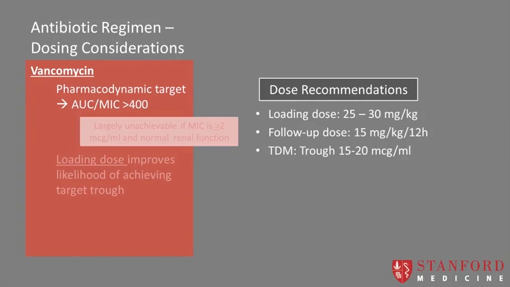So the current recommendation is, in a critically ill patient when vancomycin is used, to give a loading dose in the range of 25 to 30 milligrams per kilogram, and then to follow this up with weight-based dosing, which in the patient with normal renal function is generally in the range of 15 milligrams per kilogram every 12 hours, and to follow the dosing and alter it based on therapeutic drug monitoring, which involves trying to achieve a serum trough concentration in a critically ill patient of 15 to 20 micrograms per mil.